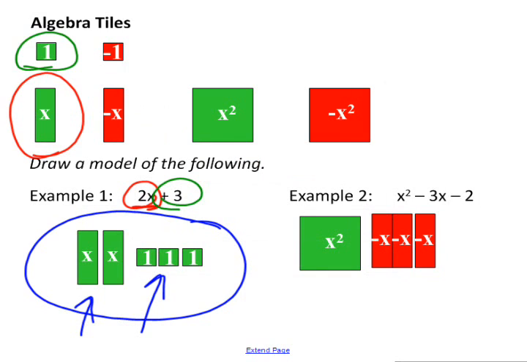In your packet, those are the shaded rectangles. And now I need negative 2, so I'm going to pick the red units, 1, 2. X squared minus 3x minus 2.